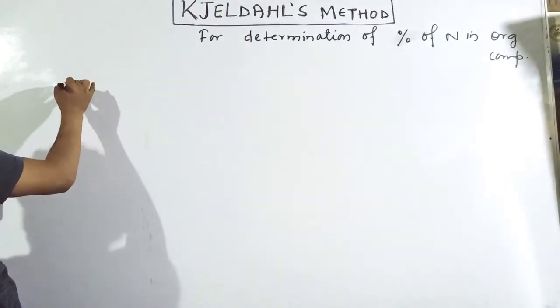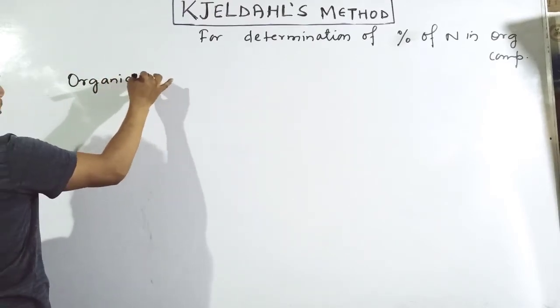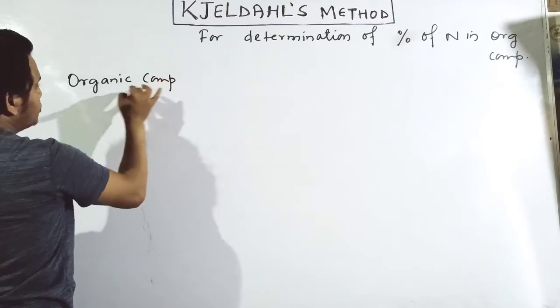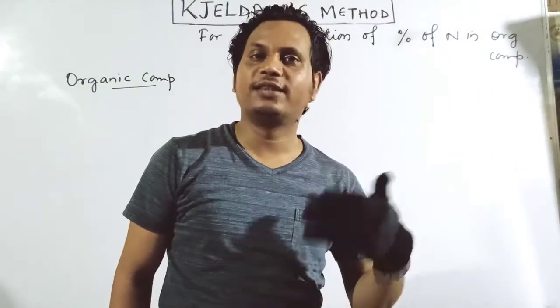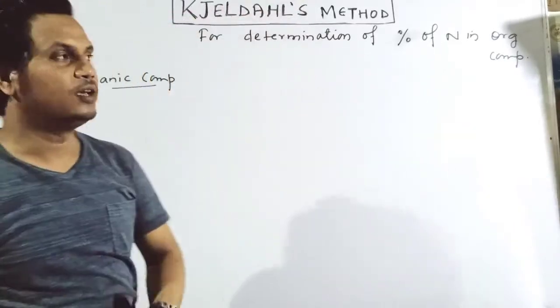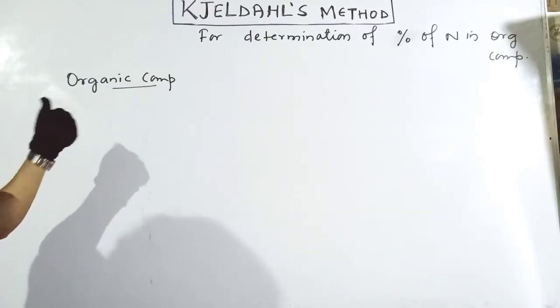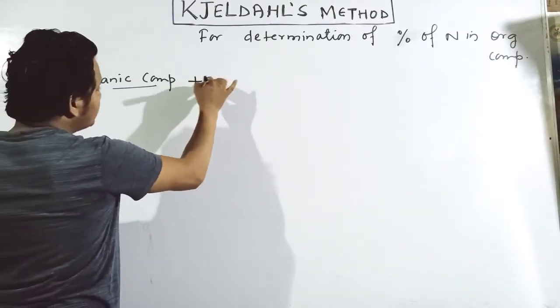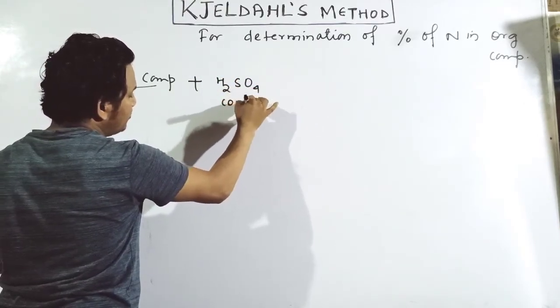First the organic compound will be there. The organic compound should contain nitrogen, because if nitrogen is present, then it will give us the percentage of nitrogen. So the organic compound containing nitrogen is treated with concentrated sulfuric acid, as you have seen in the diagram.